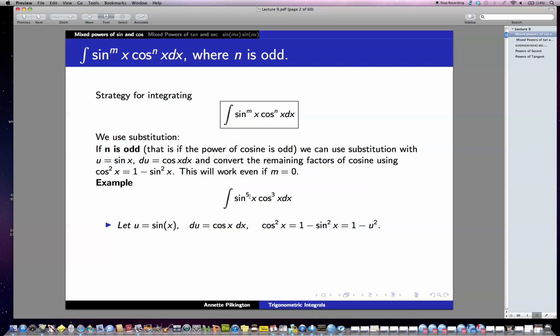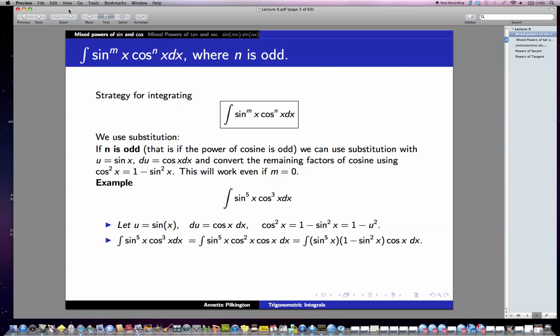Here's an example. If I want to integrate sine to the 5x times cosine cubed x dx, I let u equal sine x, then du is cosine x dx, and cosine squared x is 1 minus u squared. Here I split away one cosine for du, and then the other cosine squared I convert to 1 minus sine squared.